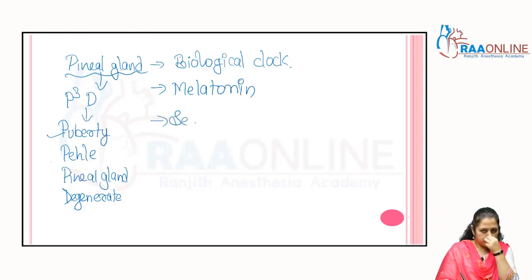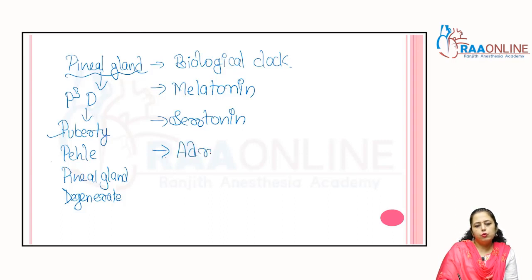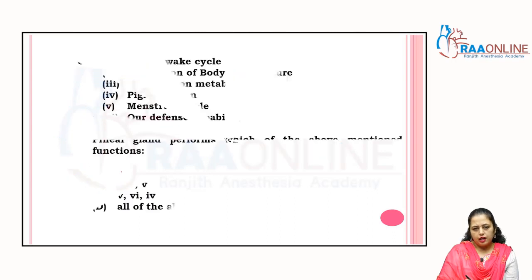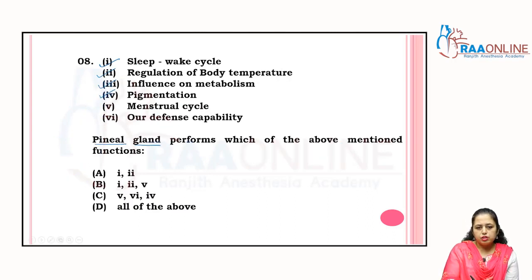Second one is serotonin, which is the vasoconstrictor, right? And the third one is adrenoglomerulotropin, right? Clear?